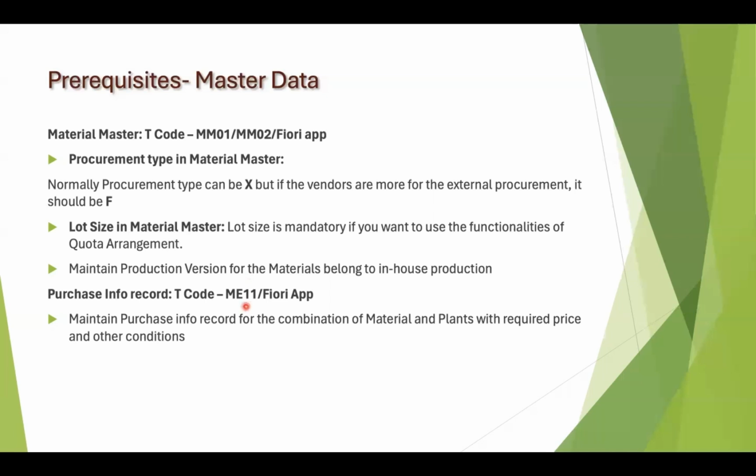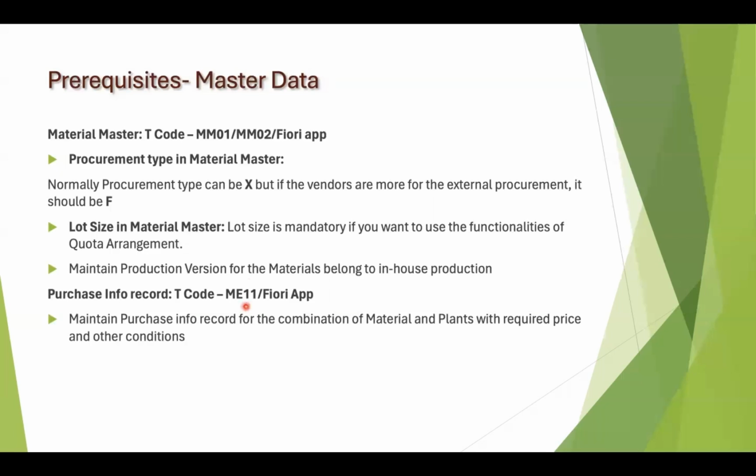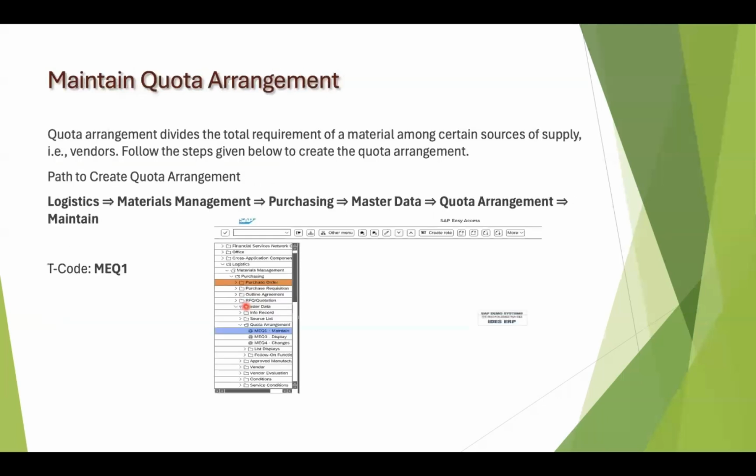In that way, you can understand the importance of maintaining the info record with the required price and all the combinations. So configuration-wise, just number ranges and lot sizing procedure, you have to activate the splitting quota. And in the material master, procurement type and lot size need to be given and the info record needs to be maintained. So now we can maintain the quota arrangement.